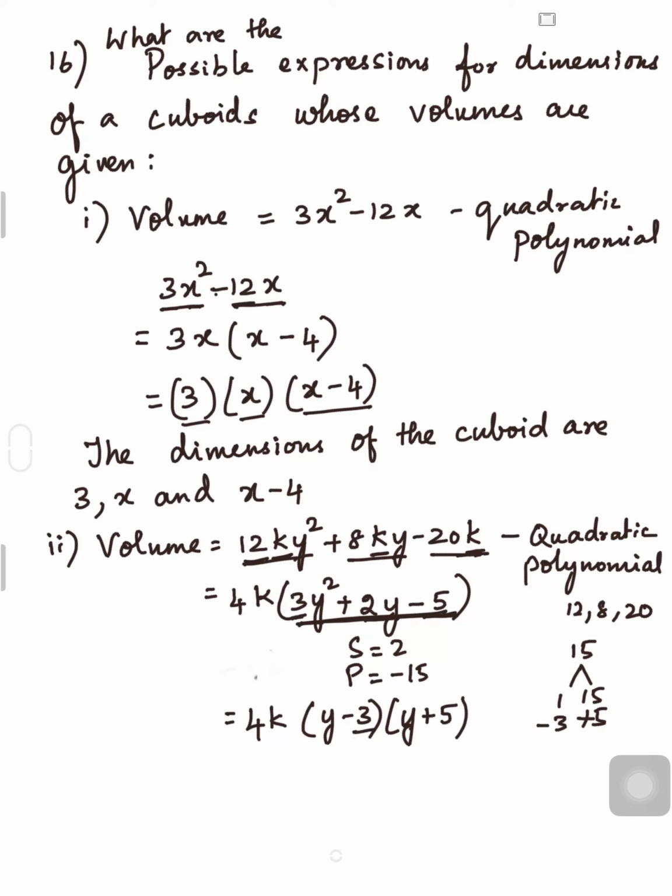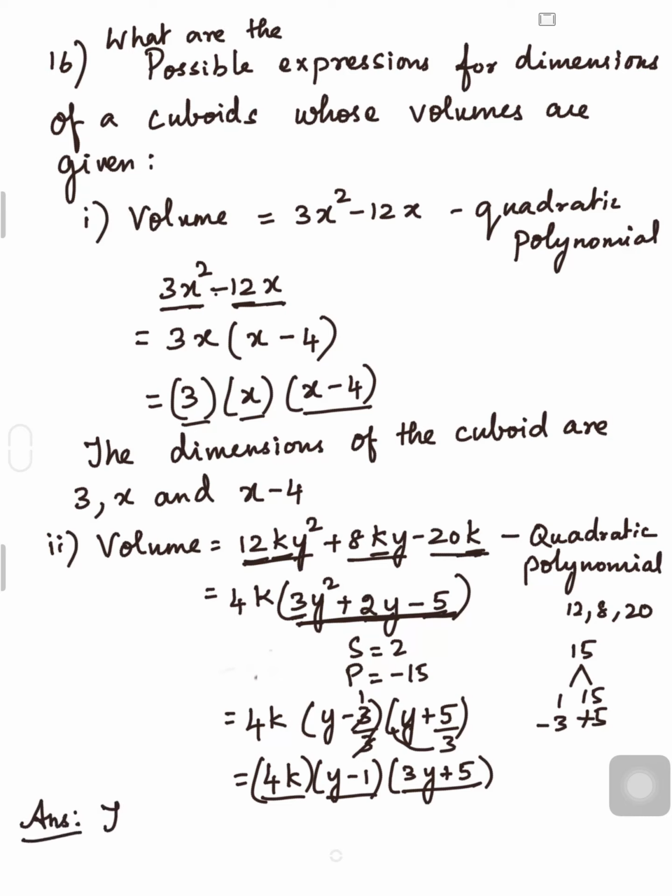But the coefficient of y squared is 3, so I have to divide by 3. 3 divided by 3 is 1. So I take this 3 over here. So 4k into y minus 1 into, this 3 goes here, 3y plus 5. So here I got 3 factors. One is 4k, another one is y minus 1 and another one is 3y plus 5.